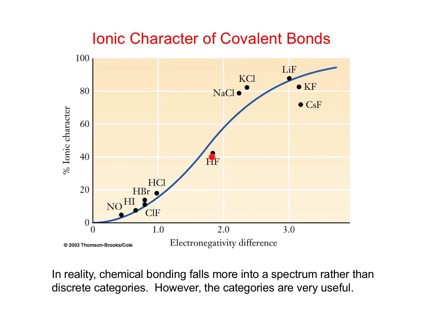And then you've got something like HF, which we would probably classify as polar covalent, but it's in between being covalent and ionic. So all I'm really saying here is that these classifications are useful. By putting these things into categories, it helps us know how we would expect them to behave, but it really is more of a spectrum rather than these three discrete categories.